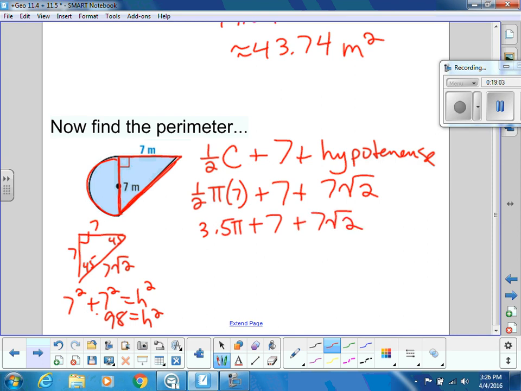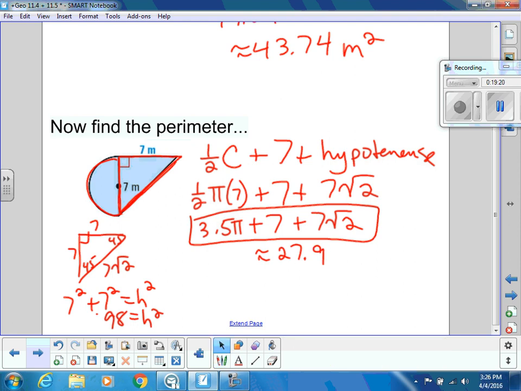And if we were doing exact answers, we could leave it like that, but let's go ahead and get a decimal. So 3.5 pi plus 7 root 2. And I'm getting about 27.9. Alrighty then, we'll do some more practice in class.